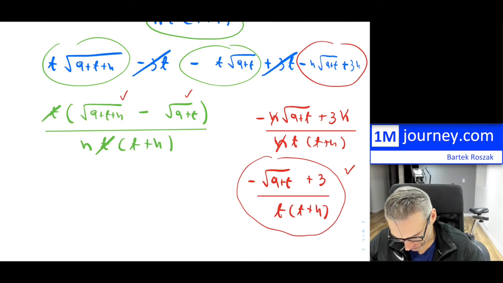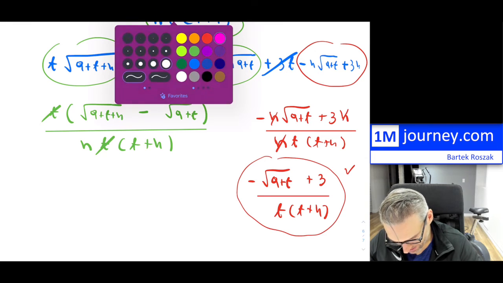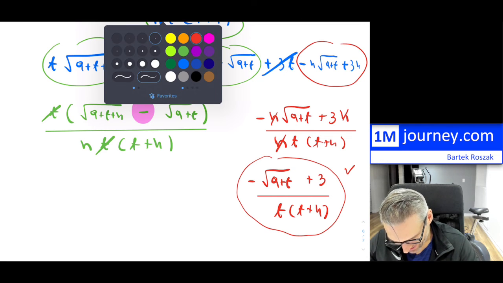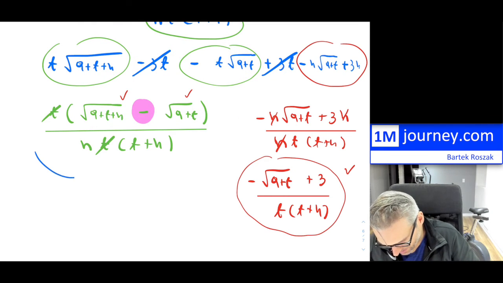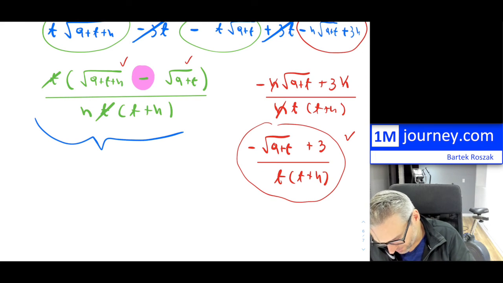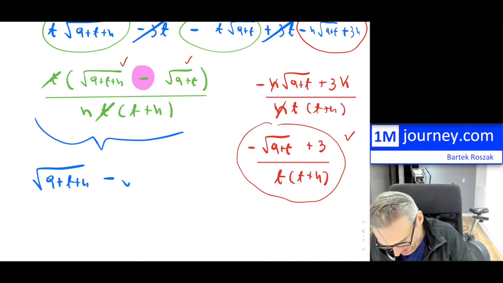Oh, okay, now we can use our little trick, because it's going to be indeterminate. Notice I do have a subtraction here. So I fell into my own trap. Now this is what I'm going to do. This is a difference of squares: 9 plus t plus h, minus 9 plus t.